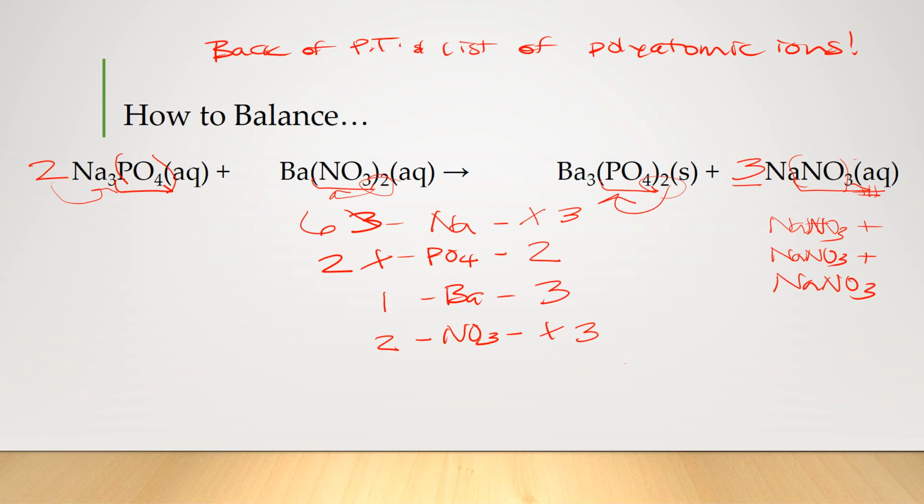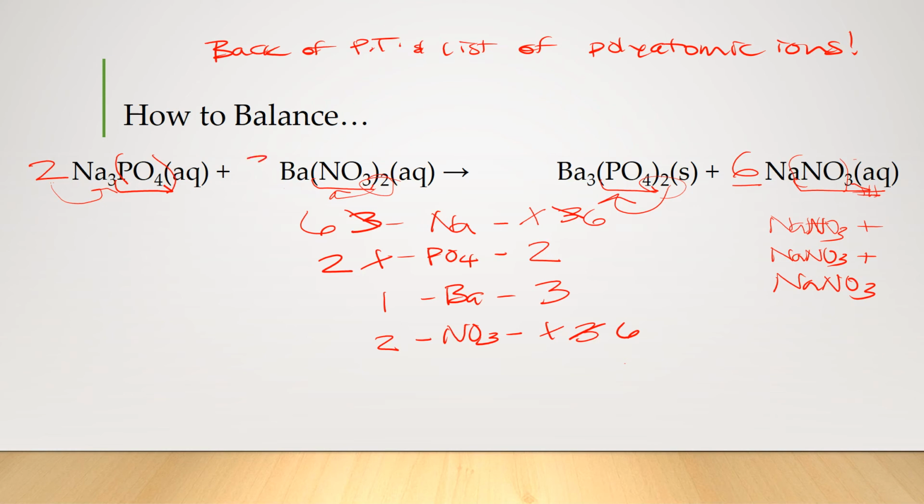Well, that didn't help. And look, I messed up my sodiums. Well, this is why we use pencil, or in this case, a digital eraser. I'm going to go ahead right now, because I noticed that this has changed. I'm going to change this coefficient to a 6, so now I have 6 sodiums, and now instead of 3, I have 6 nitrates.